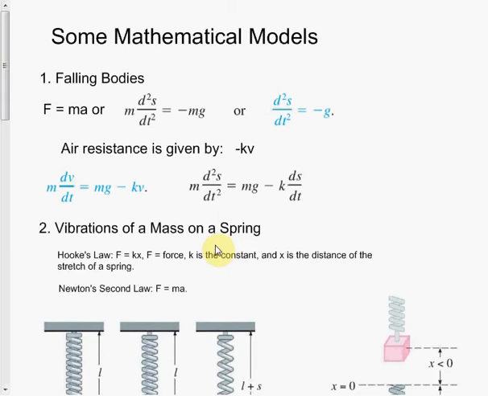Okay, in section 1.3, just some mathematical models. You are familiar with some of these, maybe most of them, perhaps all of them, from physics. So there's nothing new under the sun.